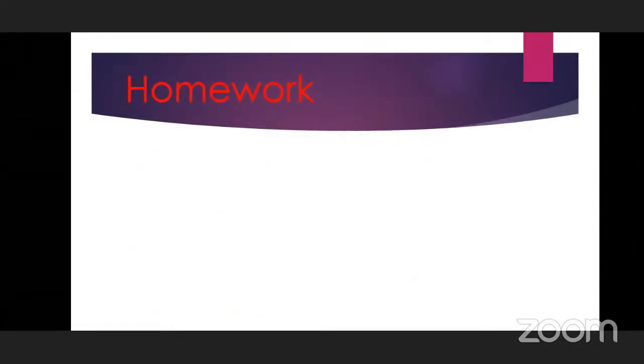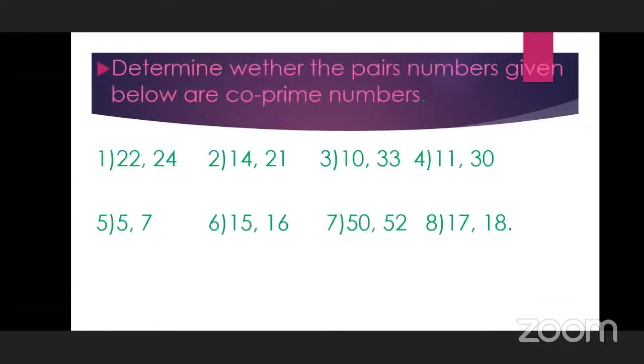So today's homework for you, students: practice set number 35. In that set, some examples are given to you, very easy. Determine whether the pairs of numbers given below are co-prime numbers.